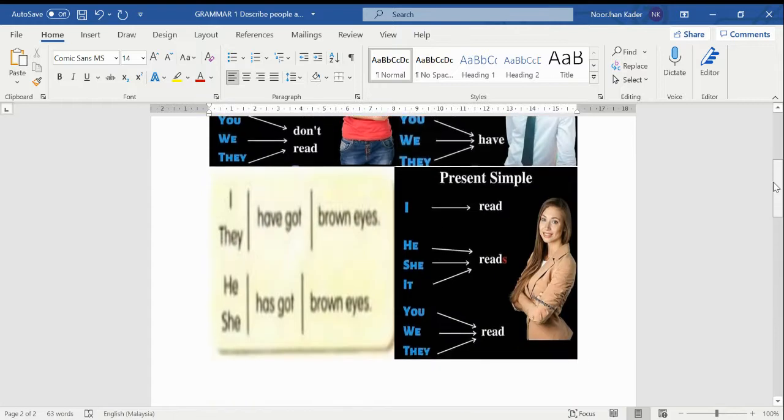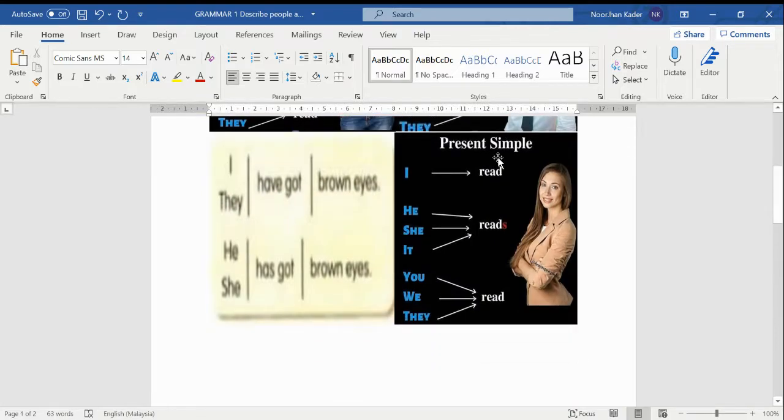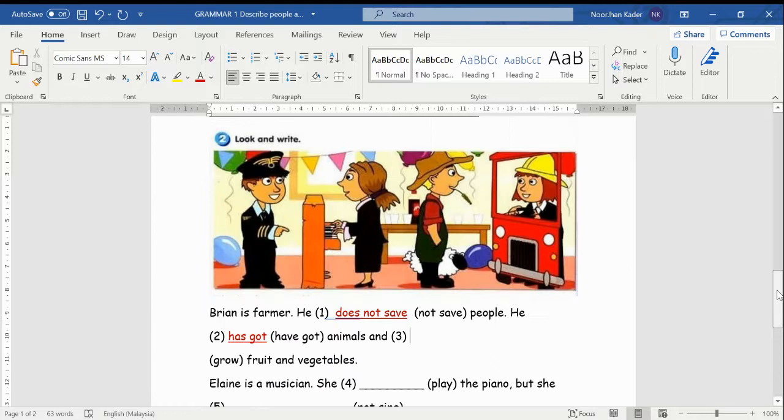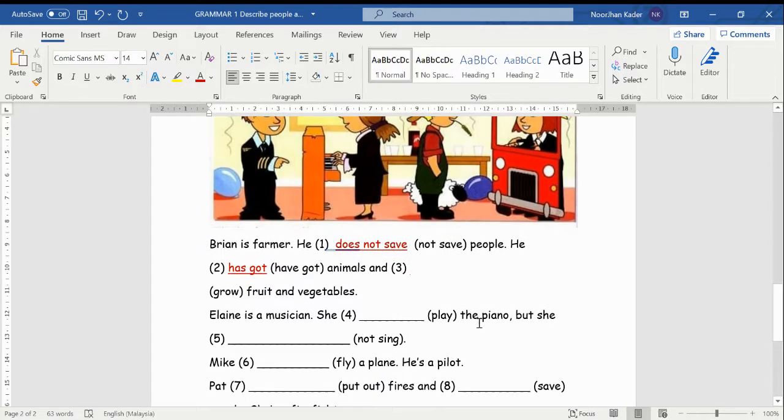Let's look at the positive present simple tense. I read, he reads, she reads, it reads. So which one? He. So it must be a positive verb form which has got an S. So you have to add an S here. So it has to be grows.